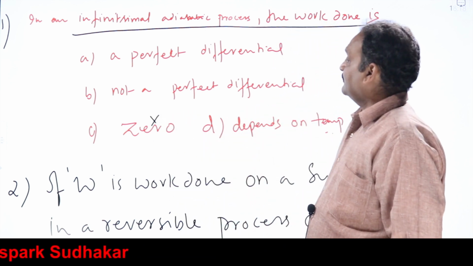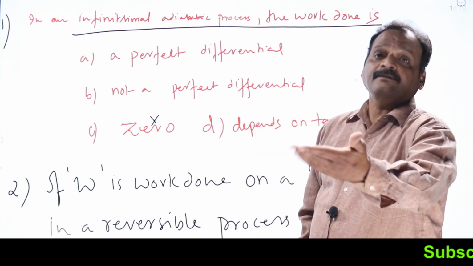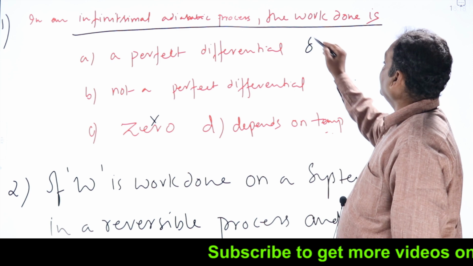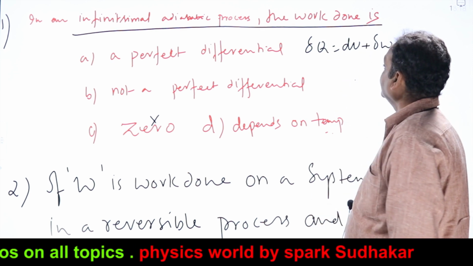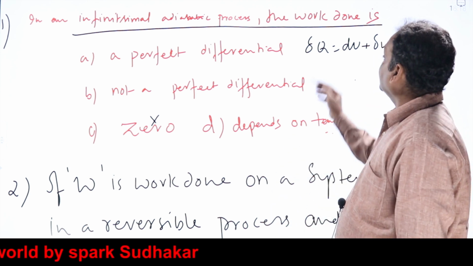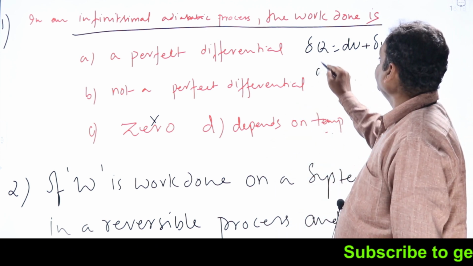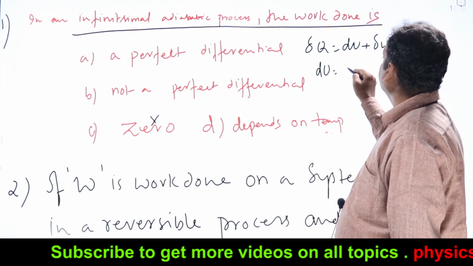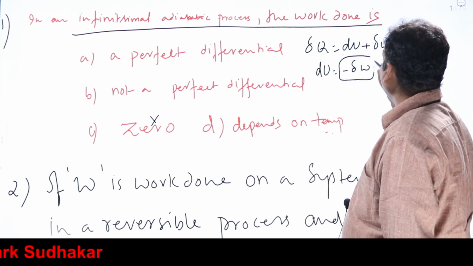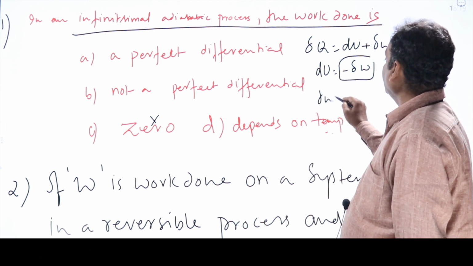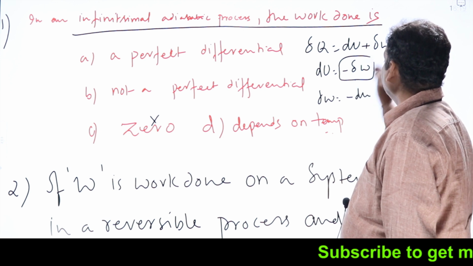Now whether it's a perfect differential or imperfect differential, go to the first law of thermodynamics, which says delta Q equals dU plus delta W. In an adiabatic process, you are not giving or taking any heat, so delta Q equals 0, which implies dU equals minus delta W. Whatever small amount of work is done, delta W, put the minus sign on this side, you get minus dU.